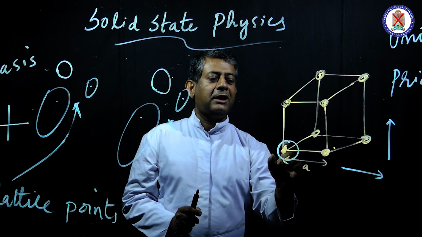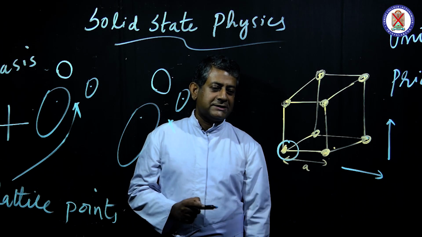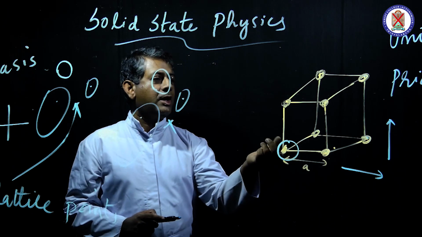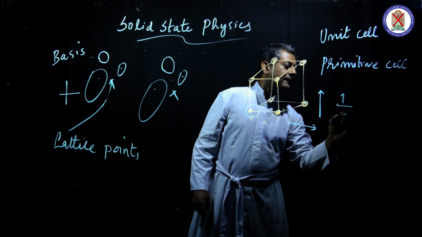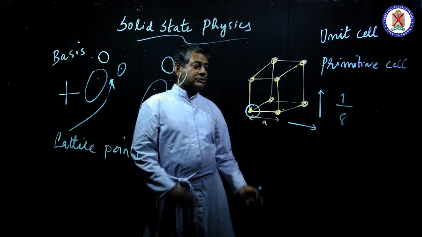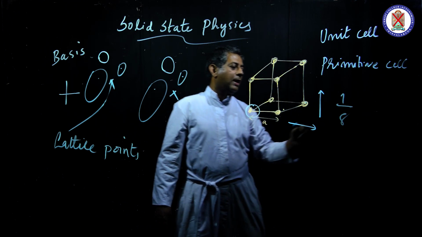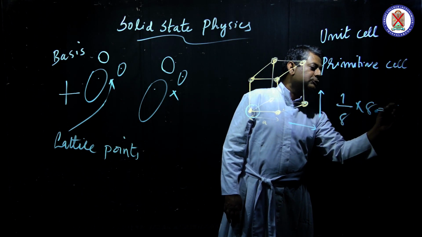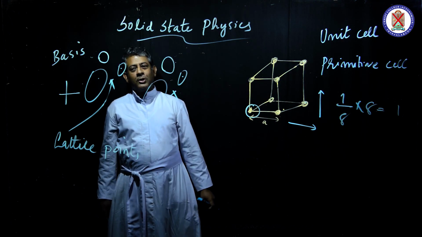So this particular lattice point is shared by 8 such cubes, which means the contribution of this lattice point to this particular cube is only 1 by 8. So how many of them are there? 1, 2, 3, 4, 5, 6, 7, 8. So 1 by 8 into 8 means 1, which means inside this cube you have got one lattice point. Hope that idea is clear.